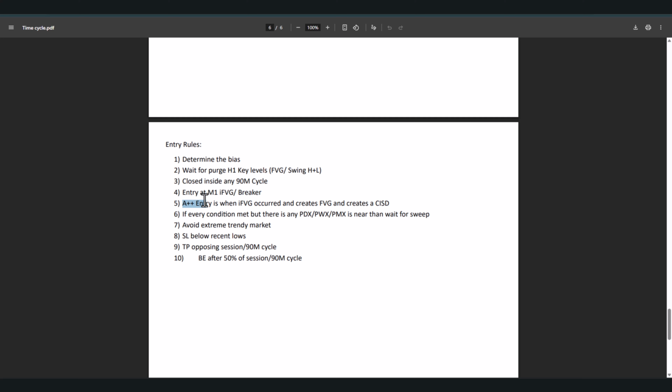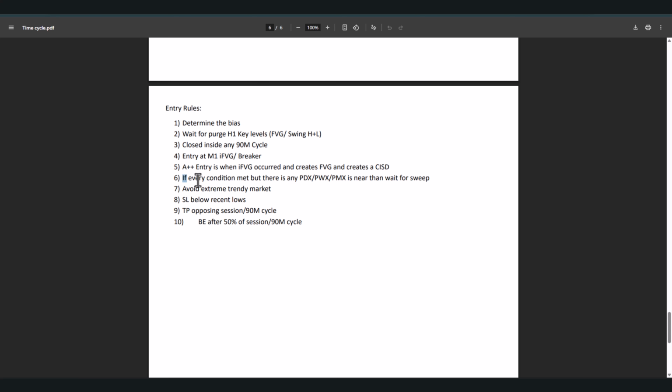An A plus entry occurs when there is an IFBG aligned with an FBG and also creates a CISD on M1. Suppose you have met these 4 criteria, then also IFBG occurred with a displacement above or below and also creates a CISD. This is your A plus entry.